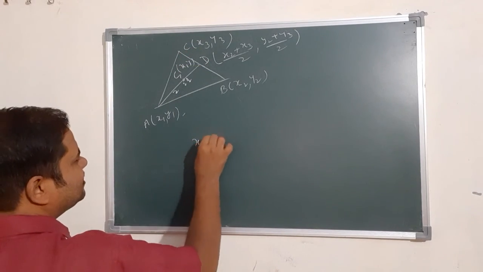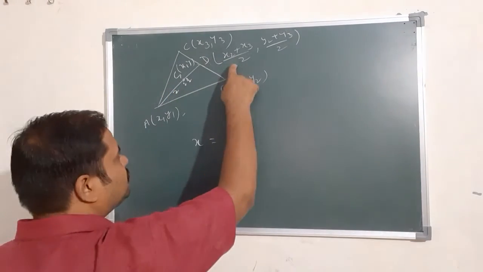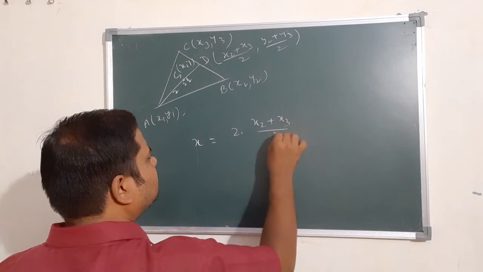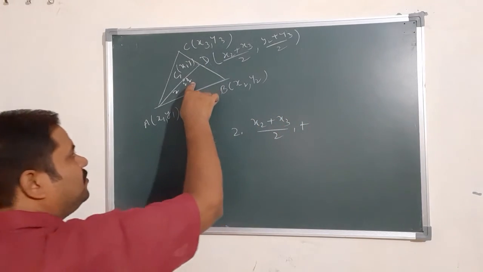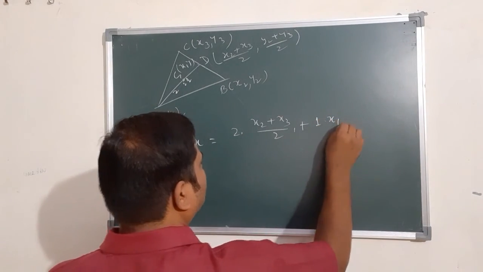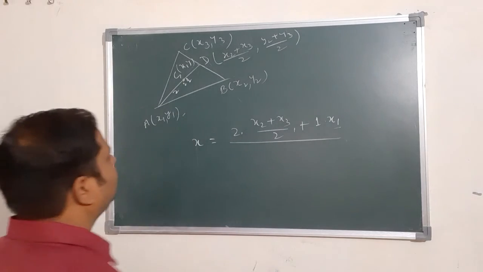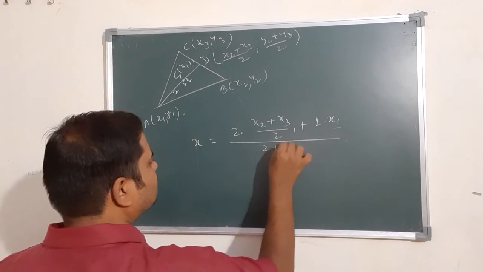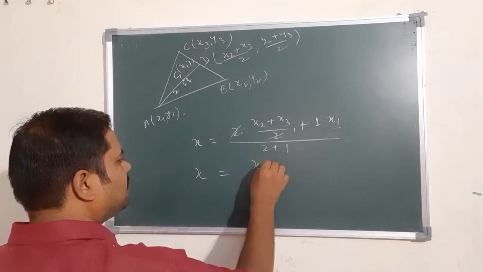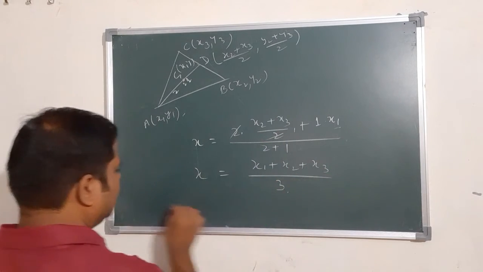Then x is nothing but, with m1 equal to 2, 2 into x2 plus x3 divided by 2, plus m2 x1, that is 1 into x1, and the whole divided by 2 plus 1. So x is nothing but x1 plus x2 plus x3 divided by 3.